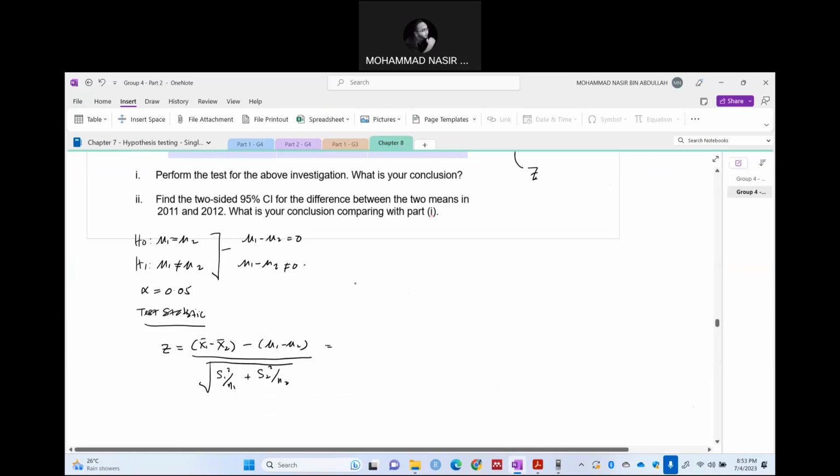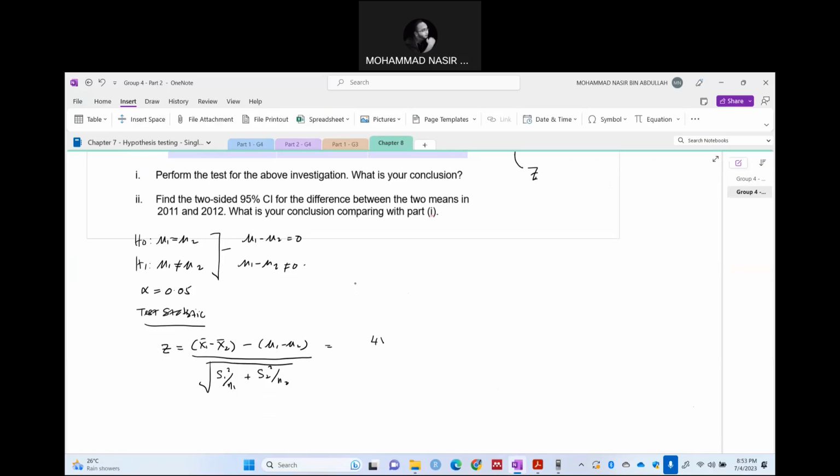Sorry, x bar 1 is 45,000 and x bar 2 is 48,000, right? So 45,000 minus 48,000 minus 0, since mu1 minus mu2 is equal to 0, divided by the square root of 1500 squared over 150 plus 2,000 squared over 200. So this should be equal to negative 16.04.